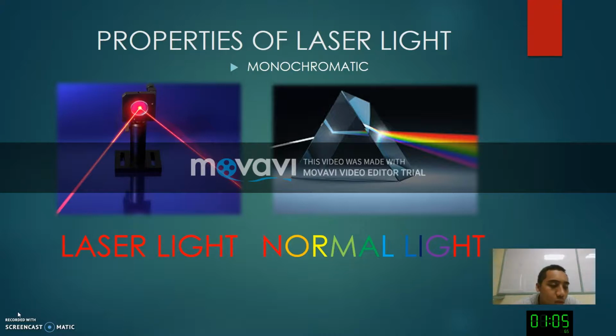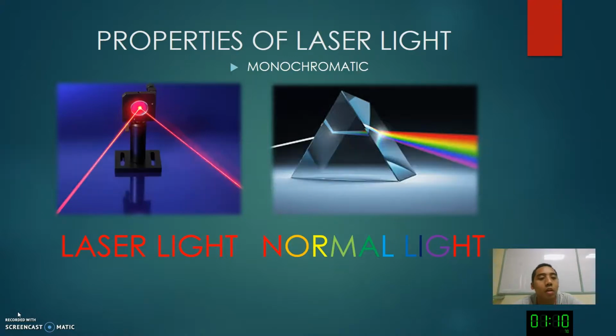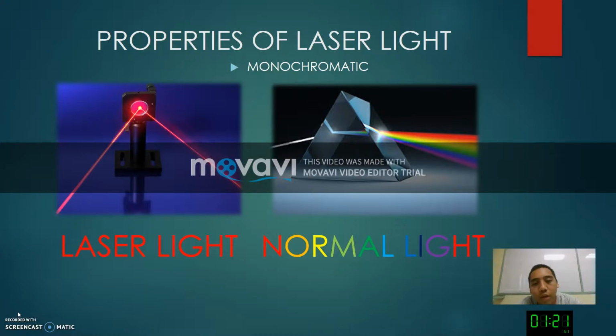A laser light only emits one color. In the example on your left is a red laser light, while on the right, a normal light is comprised of a wide range of colors when refracted through a prism.